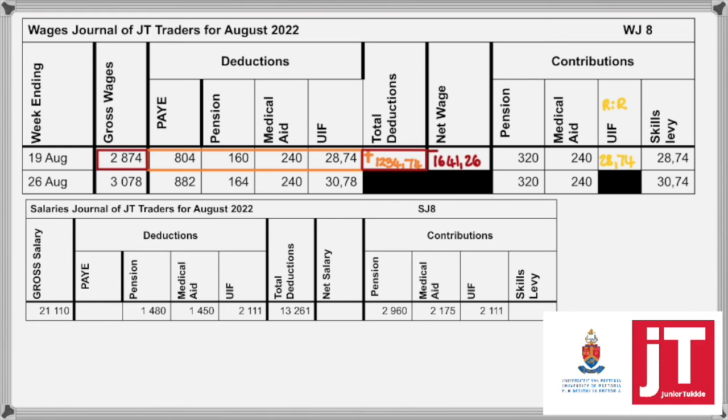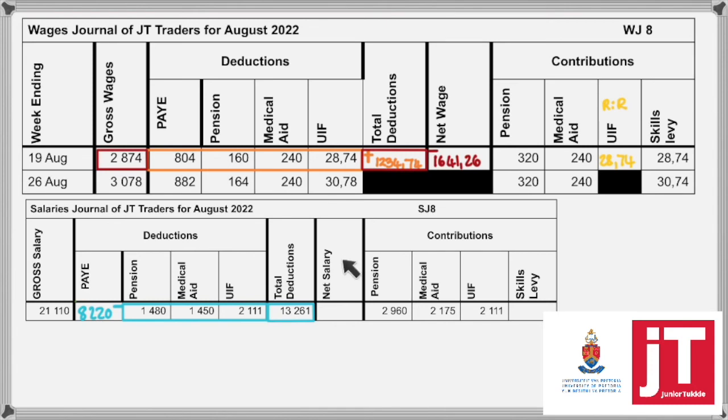Then in the salaries journal, pay as you earn is missing, but they give us the total deductions. So total deductions minus the deductions they give us will give us the pay as you earn figure. 13,261 minus 2,111 minus 1,450 minus 1,480 gives us 8,220.